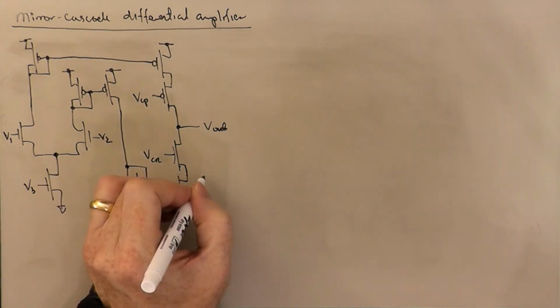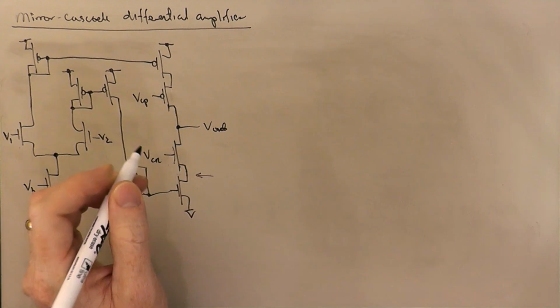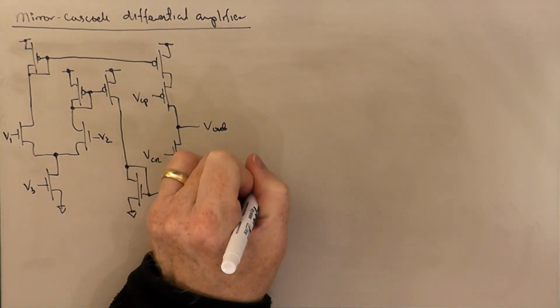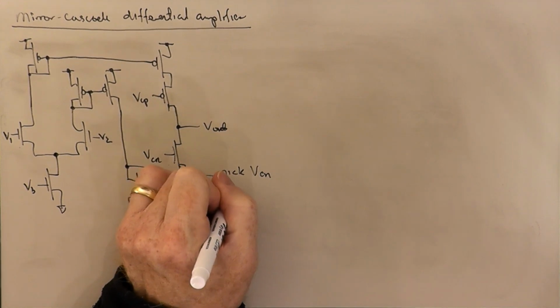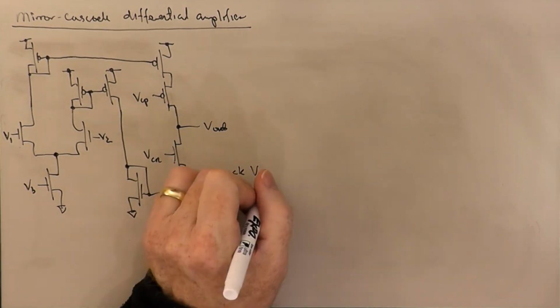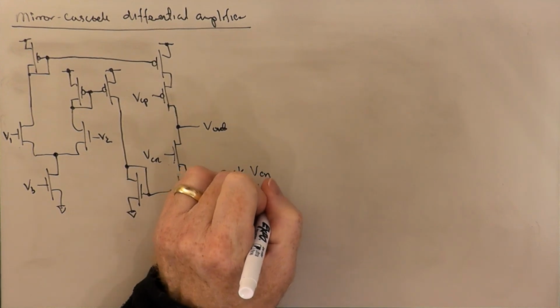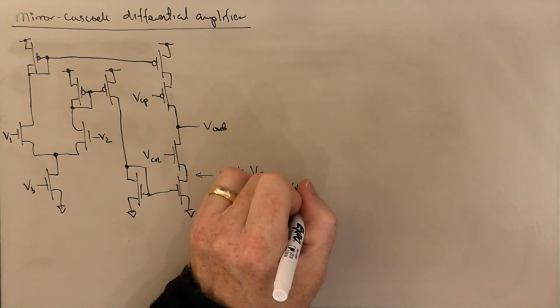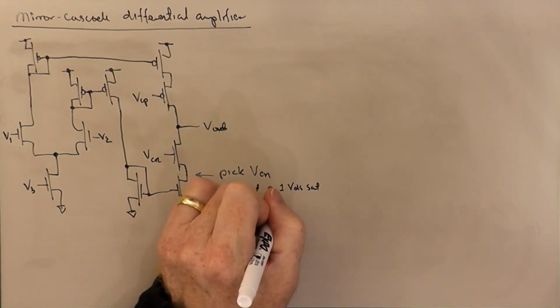We basically want to pick VCN so that this intermediate node is about 1 VDS sat above ground.